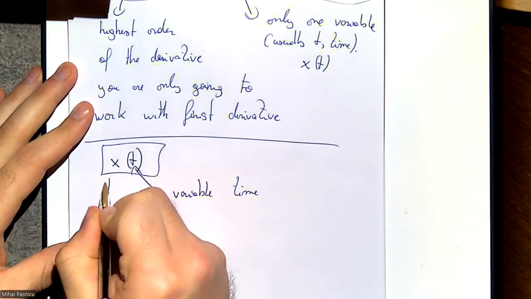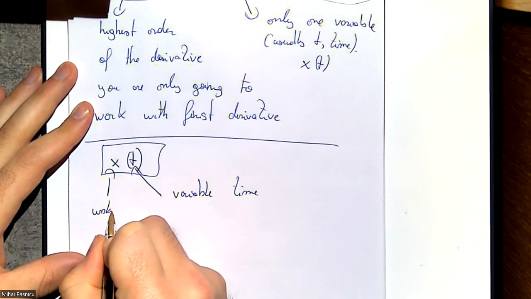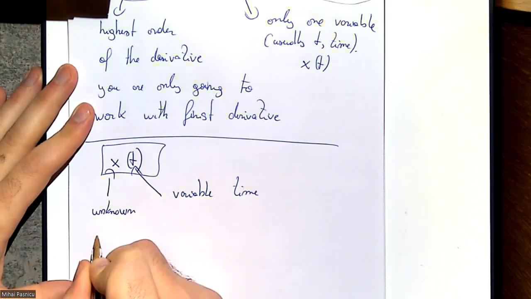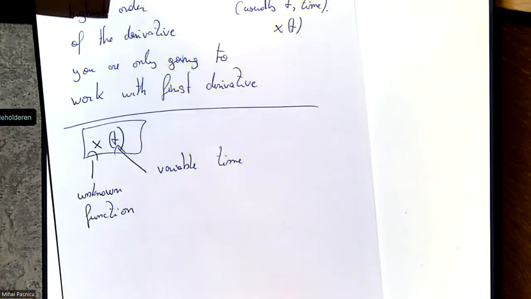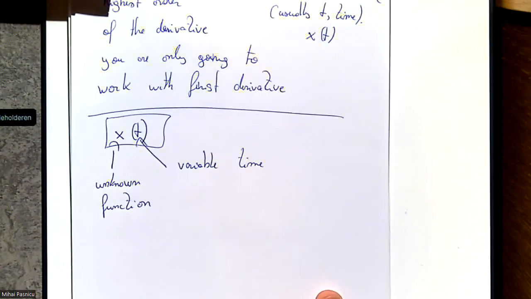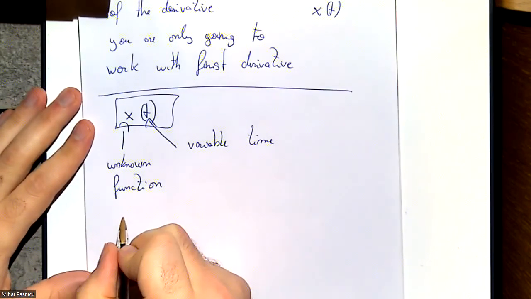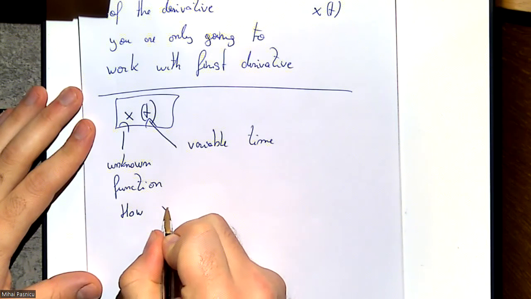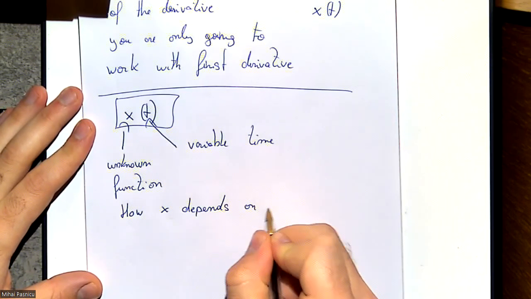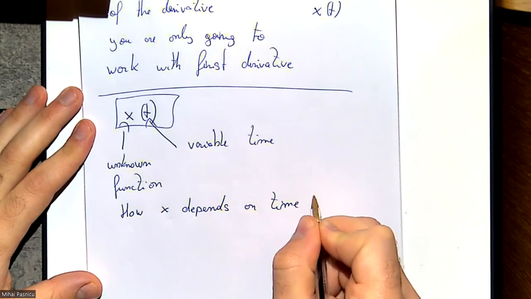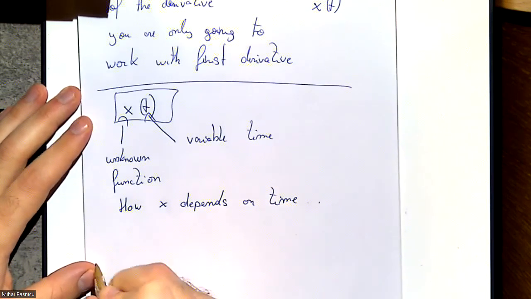And this is your unknown function. What does it show you? It shows you how x depends on time.